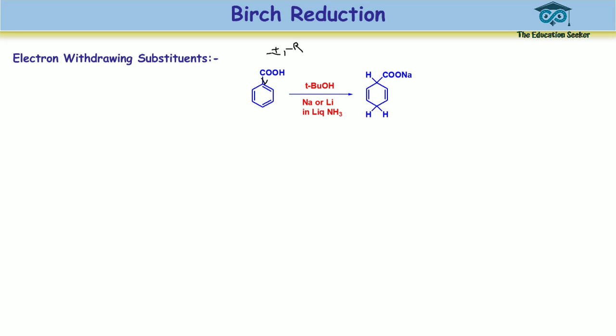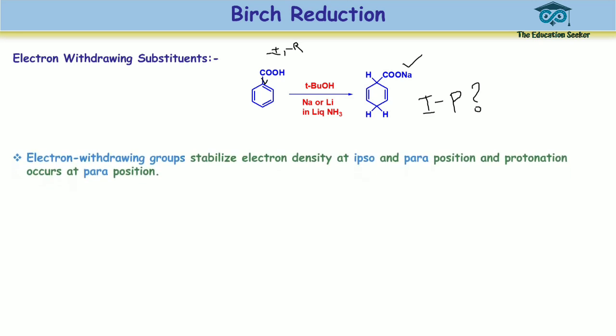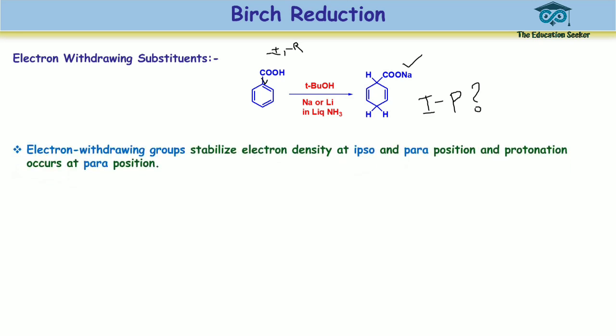So the benzoic acid molecule under the given conditions will generate this product, right? And this product is formed by ipso-para attack. Now the question is why ipso-para attack is favorable. The answer is simple. When you have an electron withdrawing group, it can stabilize electron density at the ipso and para positions. And one more thing is that the protonation occurs at the para position.